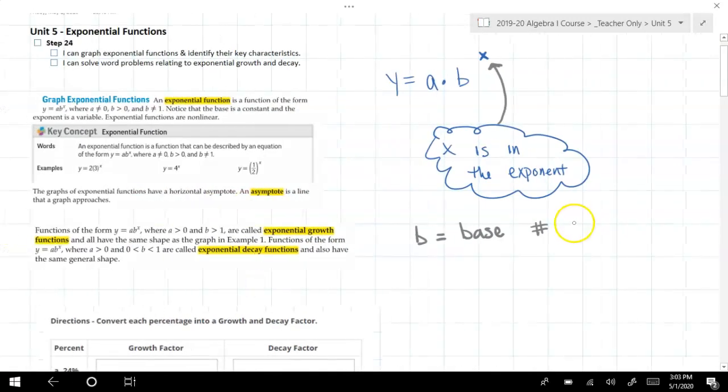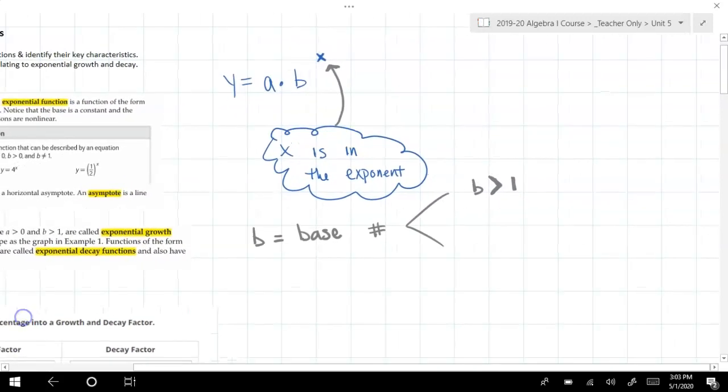If b is bigger than 1, the equation will show exponential growth.